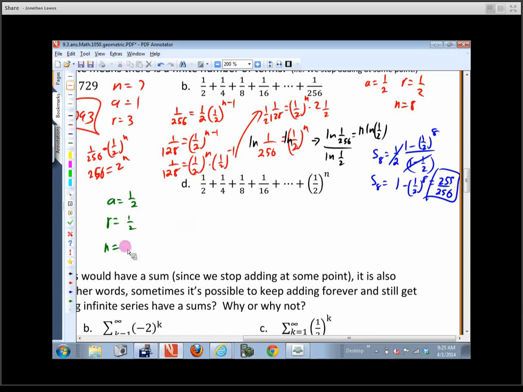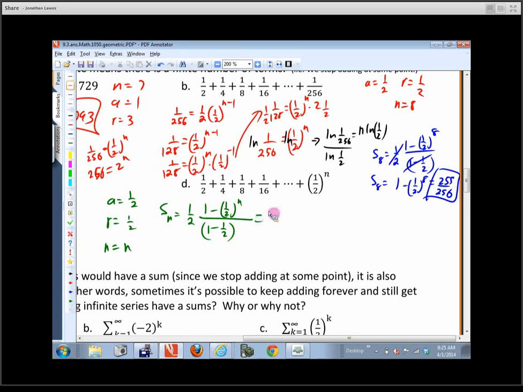We're going to go through and do this exactly the same as we would, and we're going to see what ends up happening. So the sum of the first n terms, which let me change this back to green, is the first term, which is 1/2, times 1 minus the common ratio raised to the n over 1 minus the common ratio.